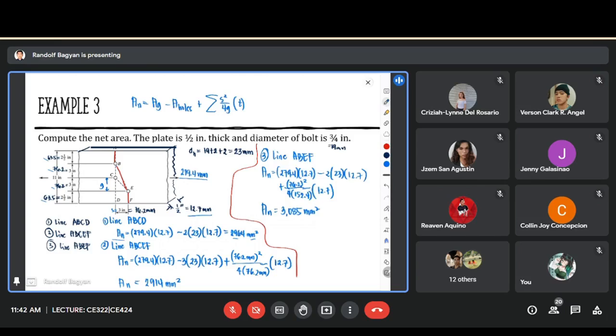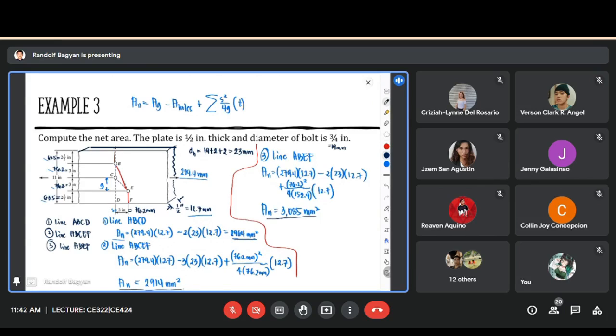Now, anong pipiliin natin? Na-compute na natin yung tatlo. What will govern as our net area will be the least. Okay? Yung pinaka-least na tatlo. So that would be, check mo, 3,085, 2,964, and 2,914.